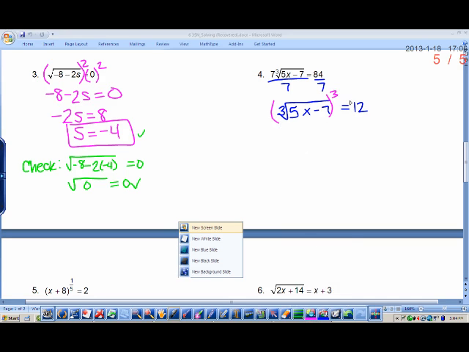Raise each side to the third power. So I end up with 5x minus 7 is equal to 12 cubed. That would obviously be something I would let you use your calculator on. If you type that in your calculator, you get 1728. Then of course I would add 7 and divide by 5.